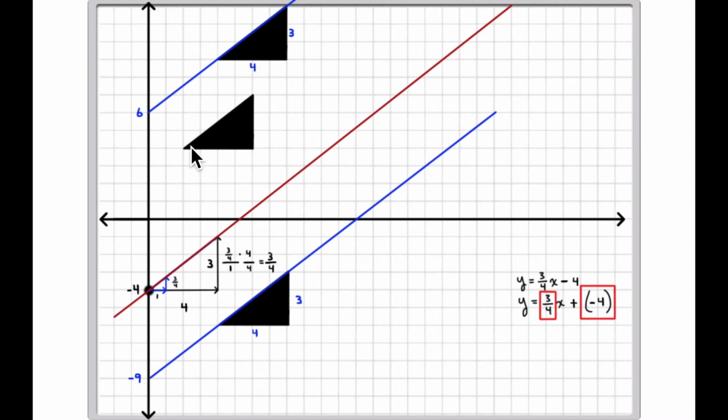Half of 4 is 2, and I have to move this down half of 3 units. Half of 3 is 1.5. So I move over 2 units and down 1.5 units, and it ends up at 2.5, which is the same as 5/2.